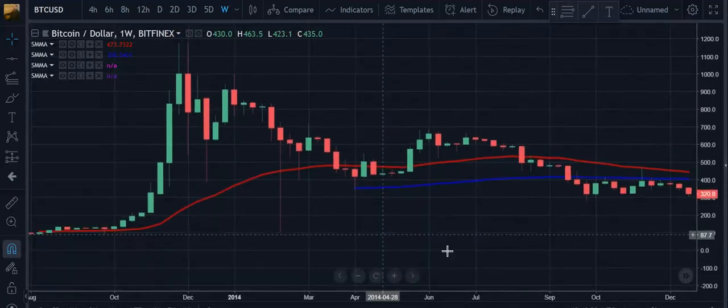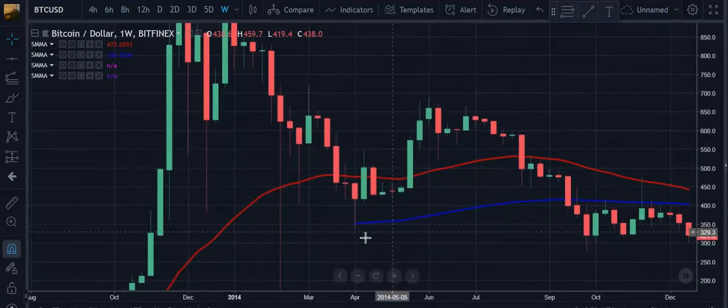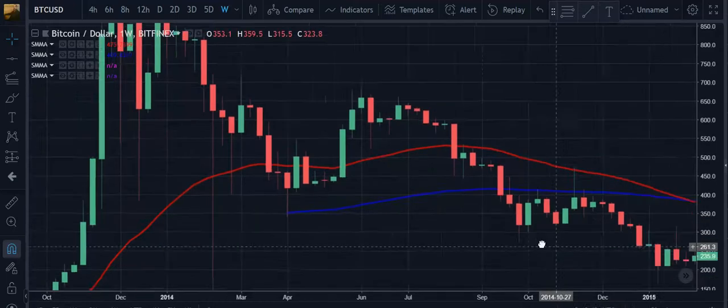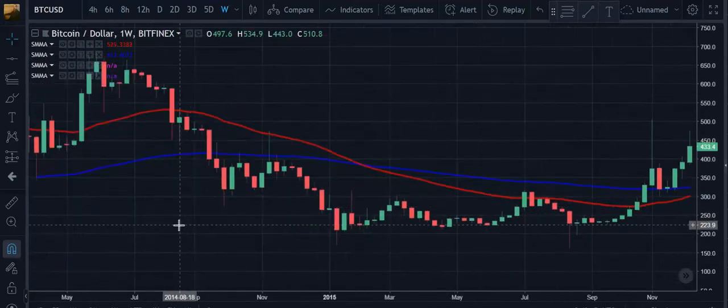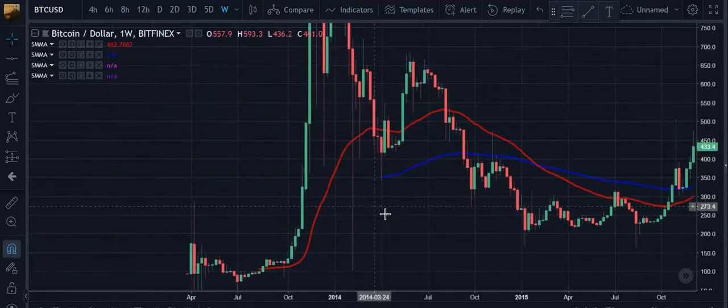When the red line was broken two times here in the beginning of a blue line, it went as low as the blue line to touch it. But here the blue line didn't hold, so it went even lower. And look at the formation here.